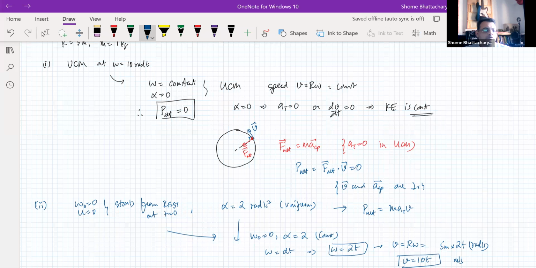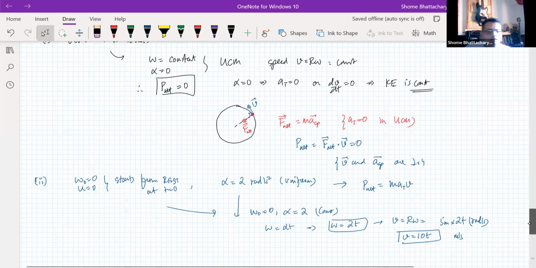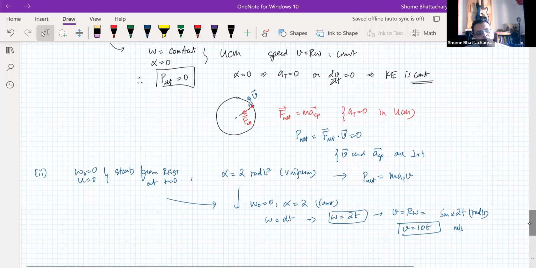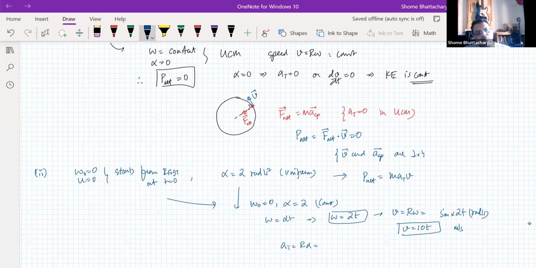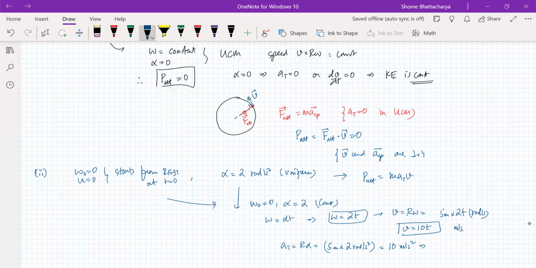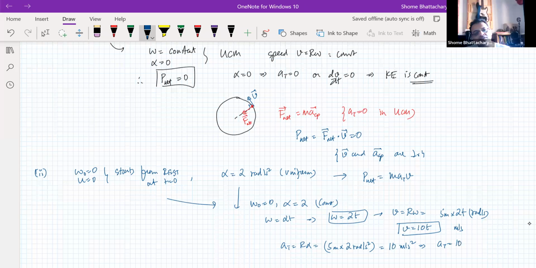And also the tangential acceleration, r alpha, is 5 meters multiplied with 2 radians per second square. So that is 10 meters per second square. So we have a uniform tangential acceleration.